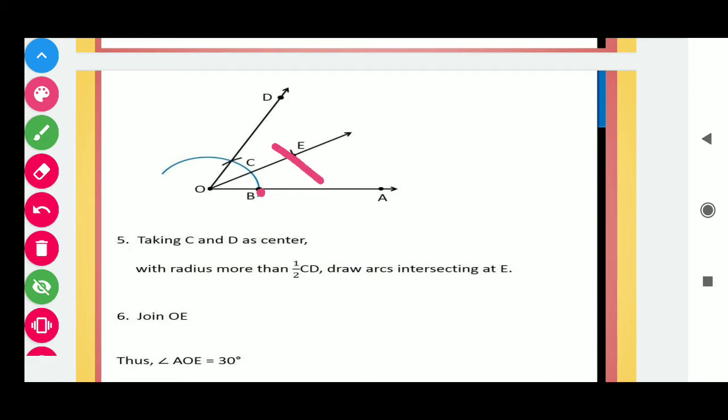In the same way, take the pinpoint at point C and mark another arc that must intersect, and call this point E. Okay students, whatever you want to name it, that is your wish. Now from this point O, join OE. In this way, this angle will become a 30-degree angle. So students, this is very easy.